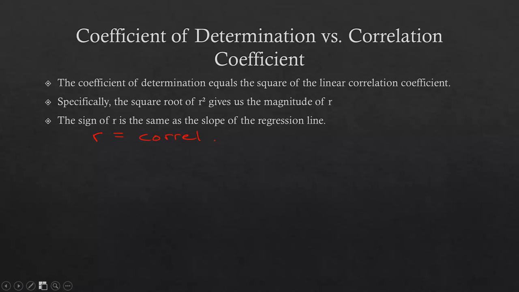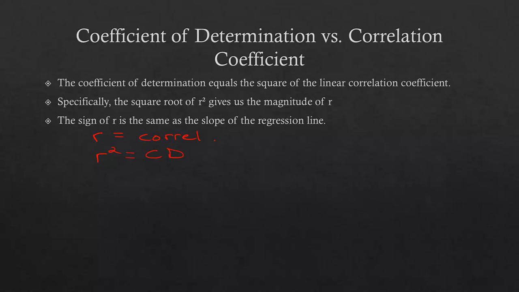Now, notice it says specifically that the coefficient of determination equals the square of this. So, in other words, R squared equals the coefficient of determination, which we learned earlier. This is nothing new to us. R squared is the coefficient of determination.